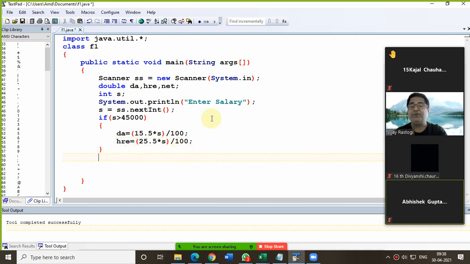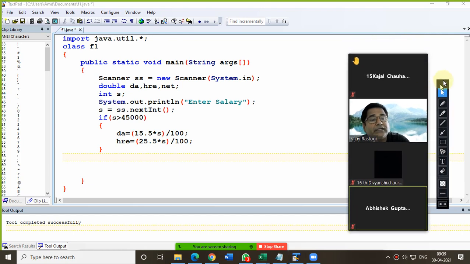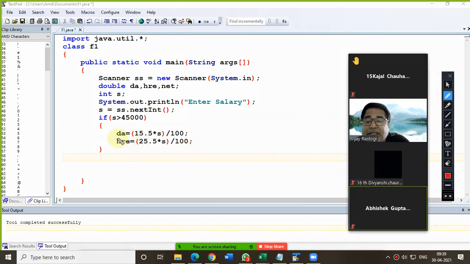So whenever you are calculating DA and HRA or something like commission, we are supposed to put the condition like this, means DA equals the percentage into the salary whole upon 100. This is the correct way to calculate the amount.